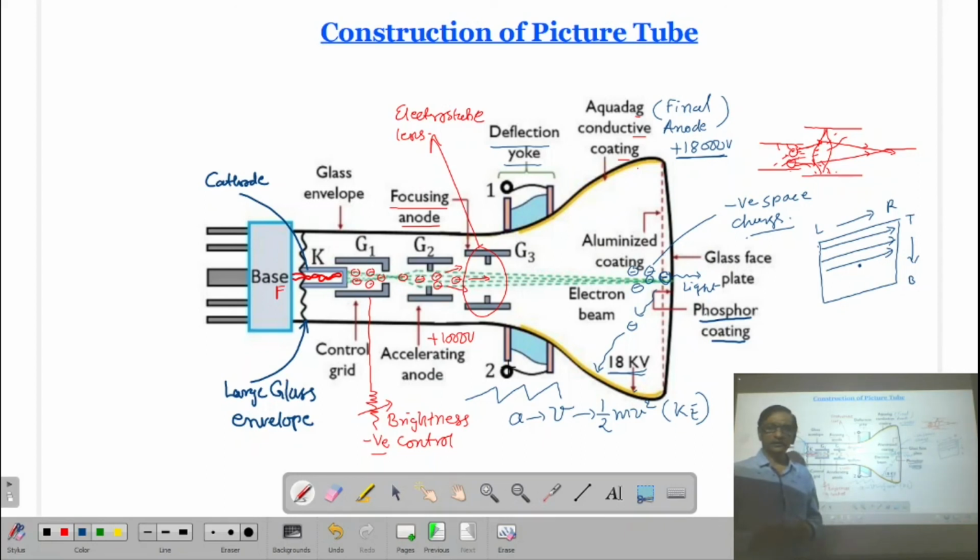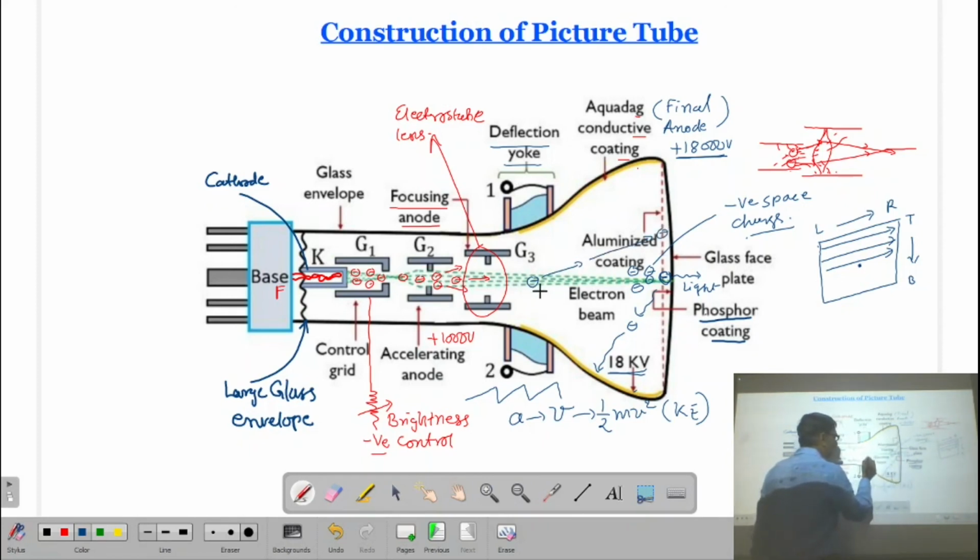Correct? So again, the deflection here is an electromagnetic deflection, because when we pass current in the coil, it will produce a magnetic field. Due to this magnetic field, the electron beam is going to be deflected like this, and it will strike it here.